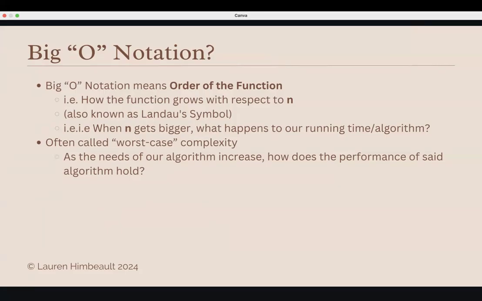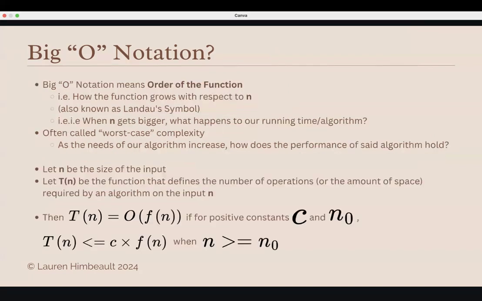It's often referred to as the worst case complexity because, as n gets bigger, what's the worst that can happen in terms of our algorithm? What can we expect to occur? As the needs of our algorithm increase, as the problem space gets bigger, how will the performance of this algorithm hold up? That's what our order of the function actually means.